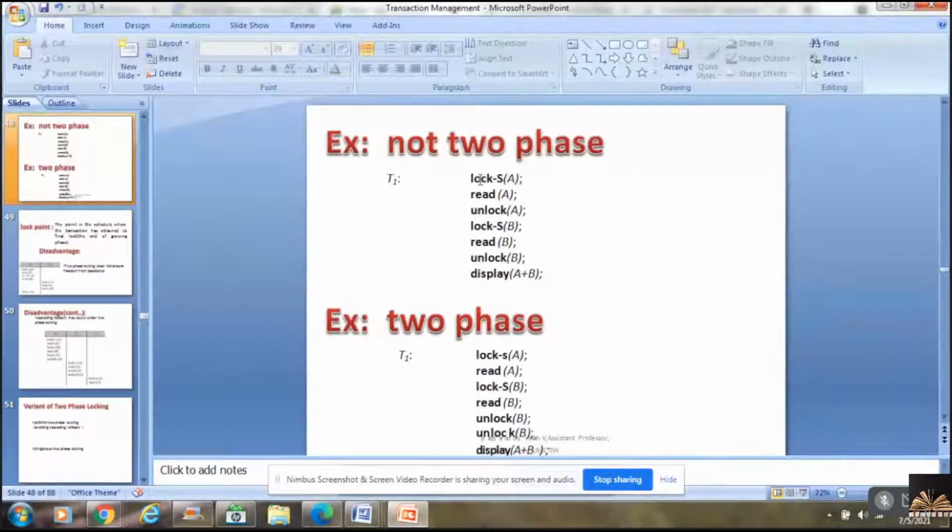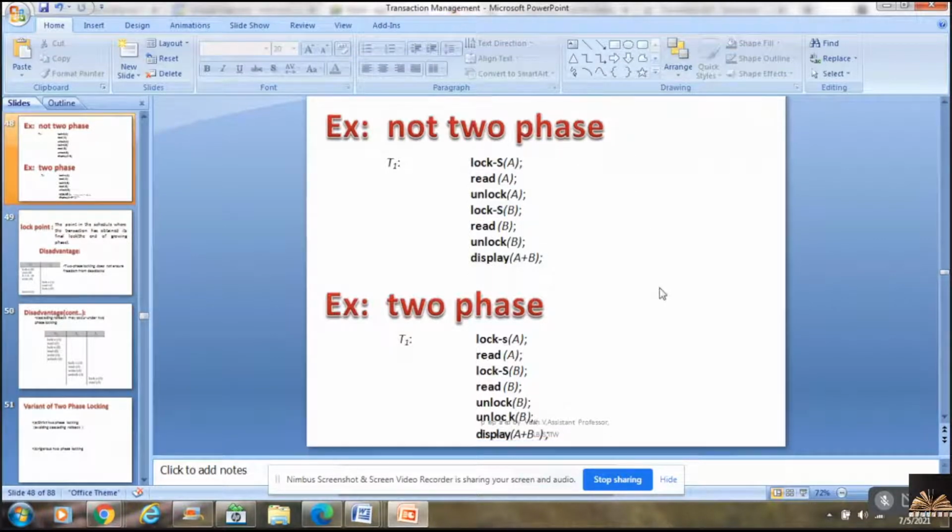Here what I'm trying to do is lock S on A, read the value of A, unlock A. But the problem with this transaction is that it requires one more lock on B. So once I start releasing the locks, I cannot acquire any other lock. So this is not the working of the two-phase locking protocol. This is your normal locking protocol.